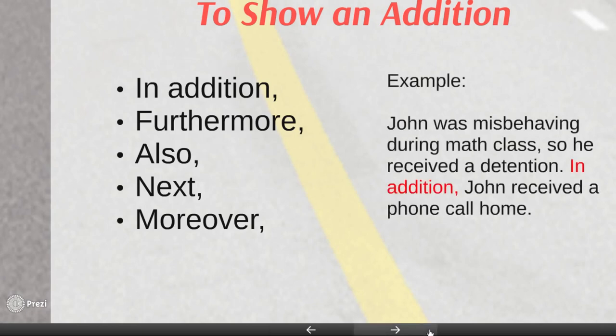Let's look at an example. John was misbehaving during math class, so he received a detention. In addition, John received a phone call home. So there I'm using my transition word, in addition, to show that not only did John receive a detention, but he also received a phone call home.